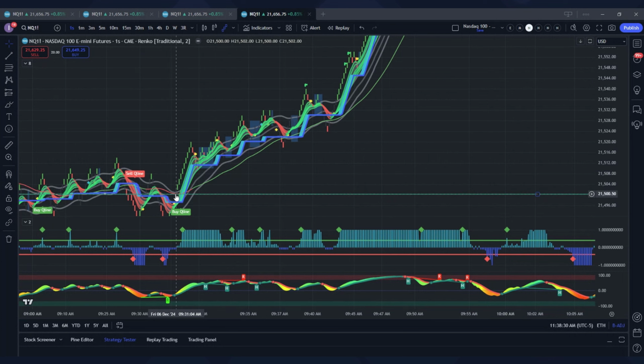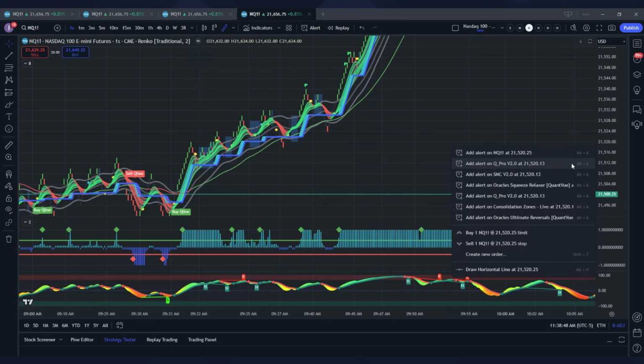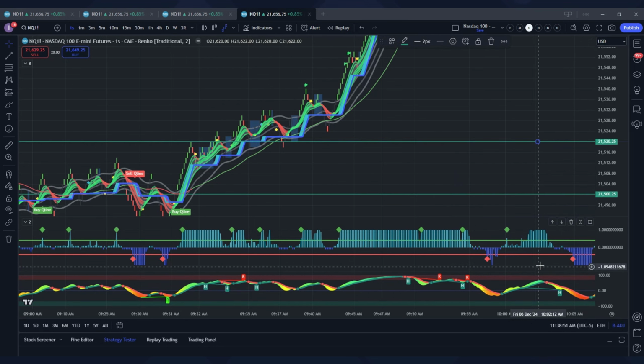So from 21,500 to 21,520, that's a 20 point opportunity, right? I'm going to do a lot of adding and removing, so just bear with me. But I just want to give you guys an example of what the trades would look like in the process. As you can see here, we peak initially at about 21,520, and then we experience a pullback.